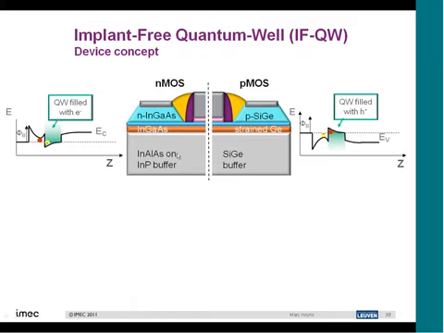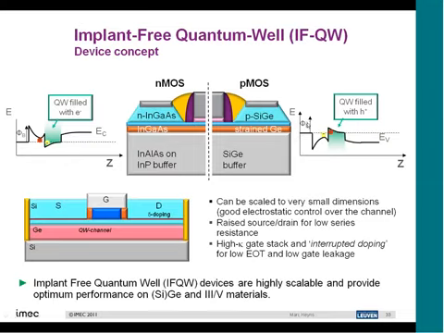You make a buffer layer, and you can do this for III-V, but you can also do it for germanium, with silicon germanium. You have a channel material, indium gallium arsenide or strained germanium, and you make a source drain on top of it. No ion implantation needed, that's why we call it implant-free quantum well. You grow all these things with epi, you make the quantum well here for the electrons, here for the holes, and you can actually make very good, very simple devices with it.